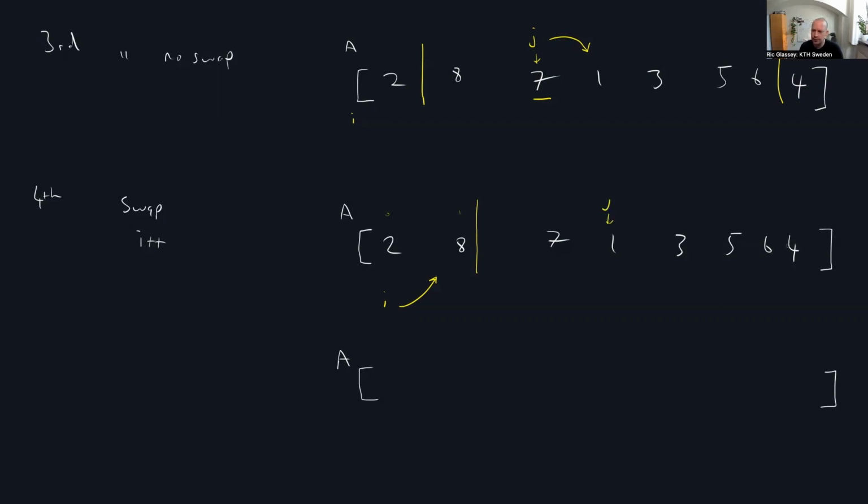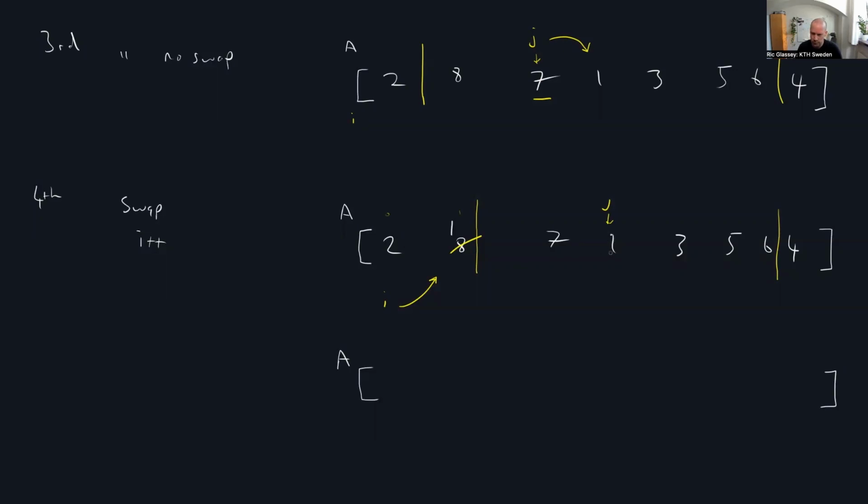We've compared 1 to 4, which is our pivot. Now we have to swap. Remember we swap whatever I is pointing to with whatever j is pointing to. So now what we do is the 1 is going to be here, and the 8 is going to end up over here.